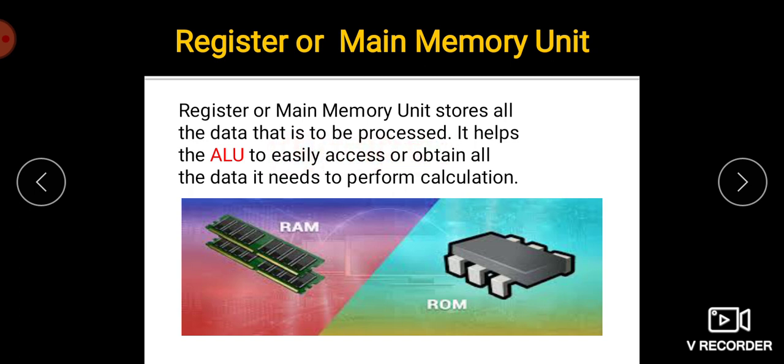So this is the internal storage of the computer, and it stores all the data and the instructions required for the processing only. It helps the ALU to easily access and obtain all the data it needs to perform calculations.